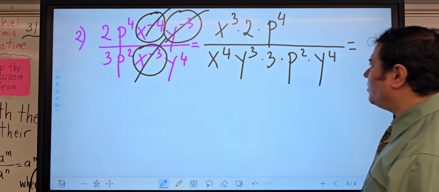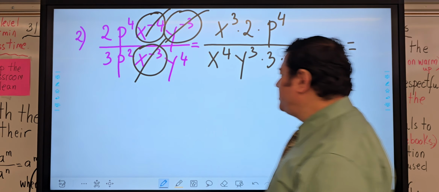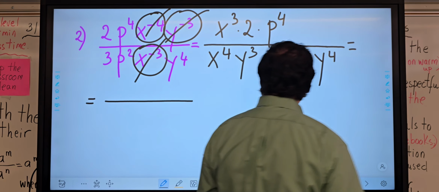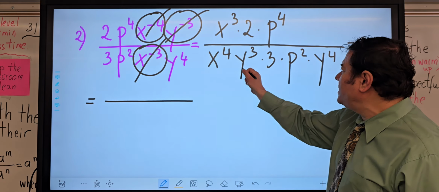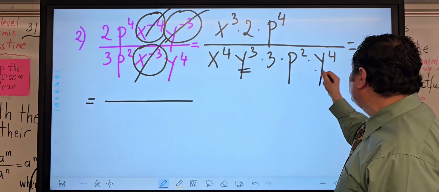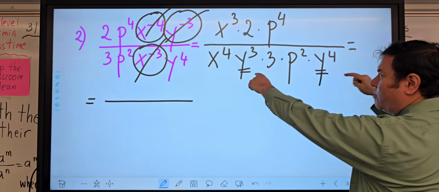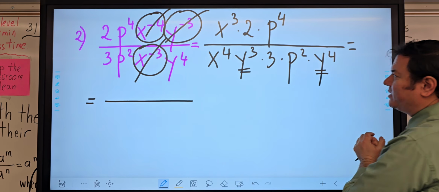And now let's see what we have. So let's continue here. We are going to use more laws of exponents. But first of all, here we see that y to the 3rd power and y to the 4th power, we are going to solve it together. Remember, we keep the base and add the exponents.